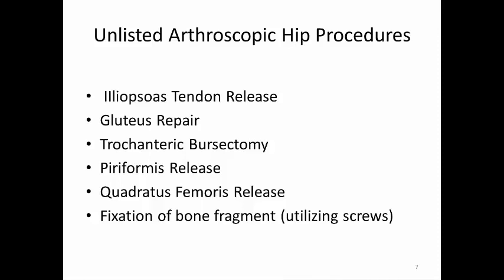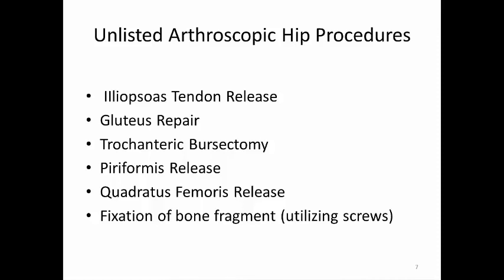If it doesn't have an arthroscopic code, then you're going to need to go to the unlisted arthroscopic code. You should not be using an open code instead. And so I see that all the time.